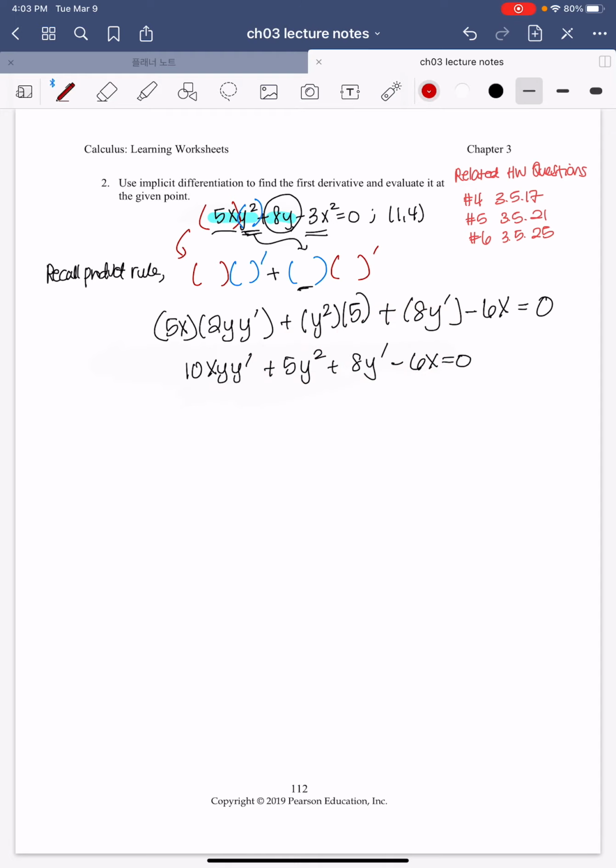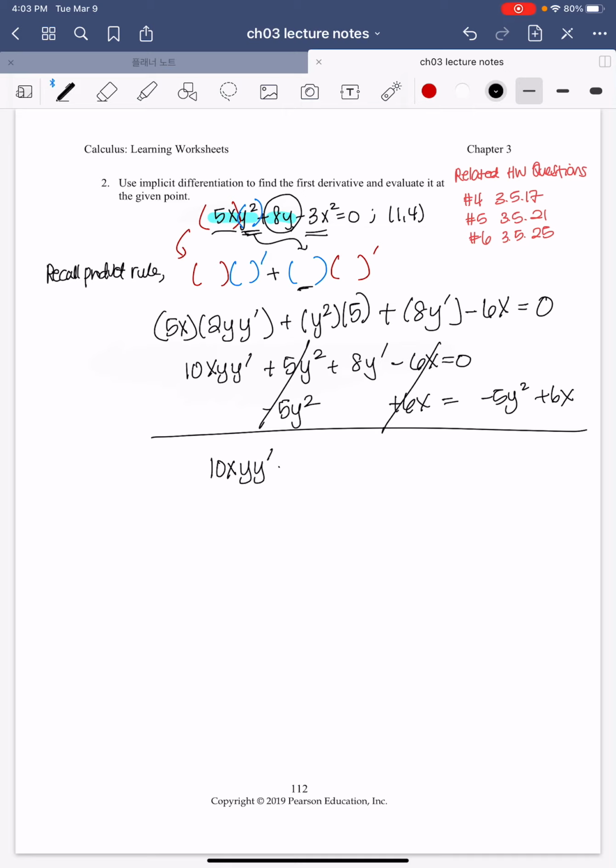I'm going to subtract 5y squared and add 6x, that means negative 5y squared plus 6x on the other side. So these two disappear. On the left hand side, I have 10xy y prime plus 8y prime equal to negative 5y squared plus 6x.